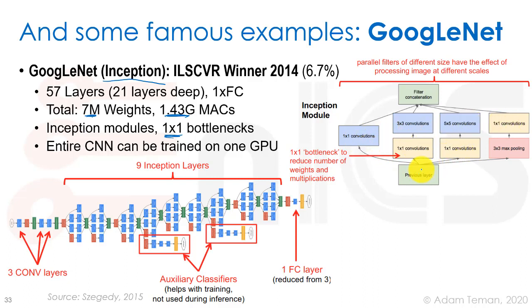Another thing is that we take this previous layer and we run it through one-by-one convolutions. One-by-one convolutions are a strange thing, but they let us change the number of channels. A one-by-one convolution basically helps us change the previous layer's number of channels, and we call it a bottleneck layer.